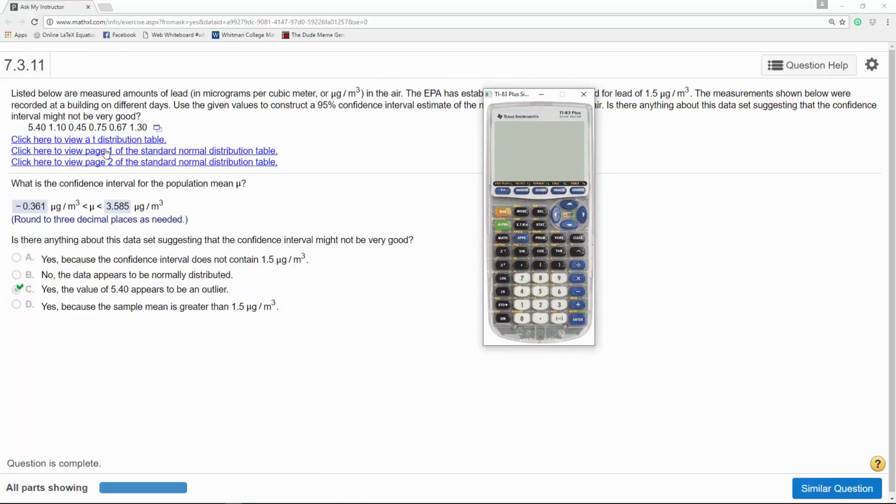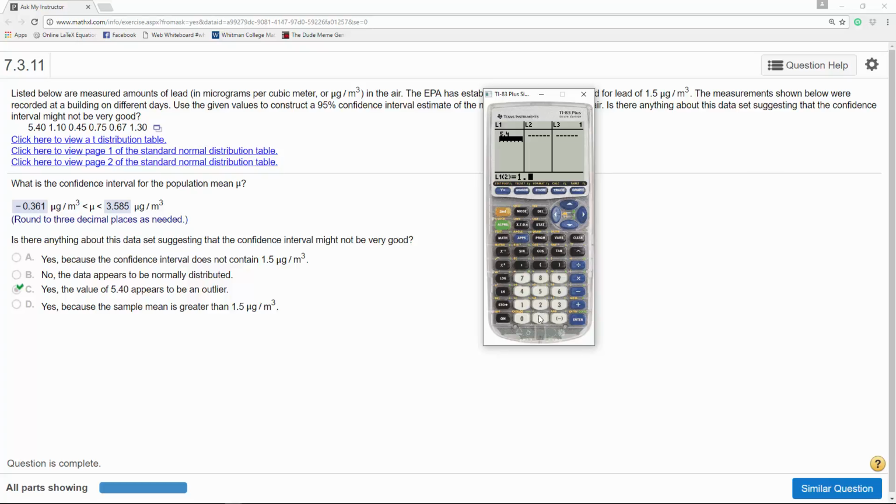So going back here to my data, the first thing I need to do is get this data in my calculator. If you remember, we do that by pressing Stat, Edit, Edit. And unfortunately on the computer I have to type each one of these in, and you have to do this on your calculator.